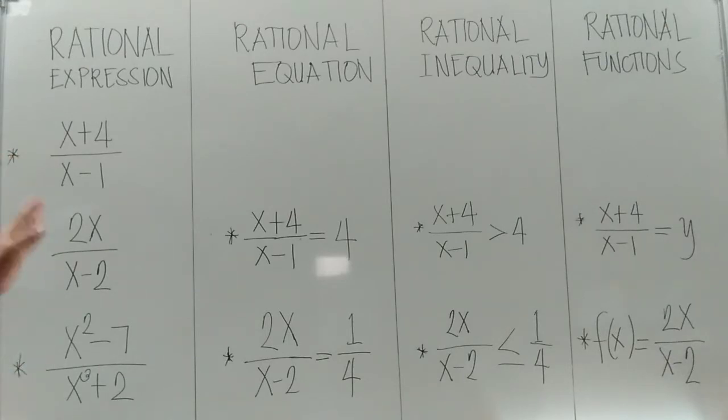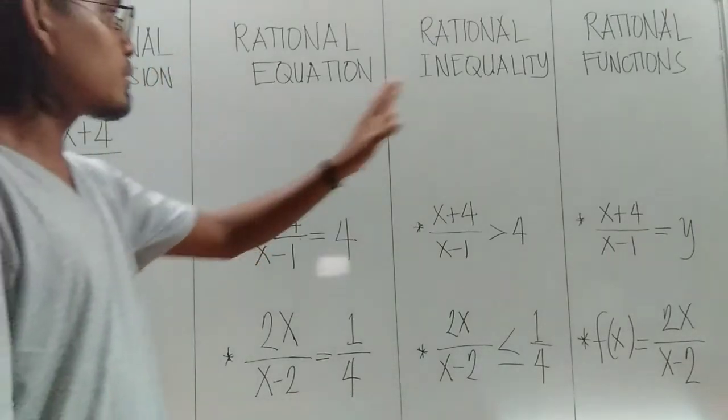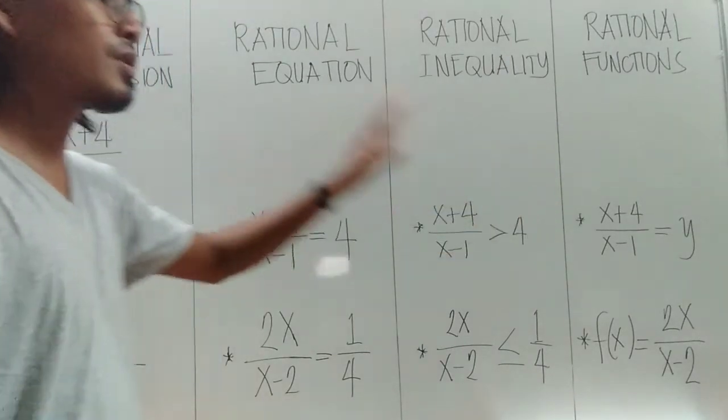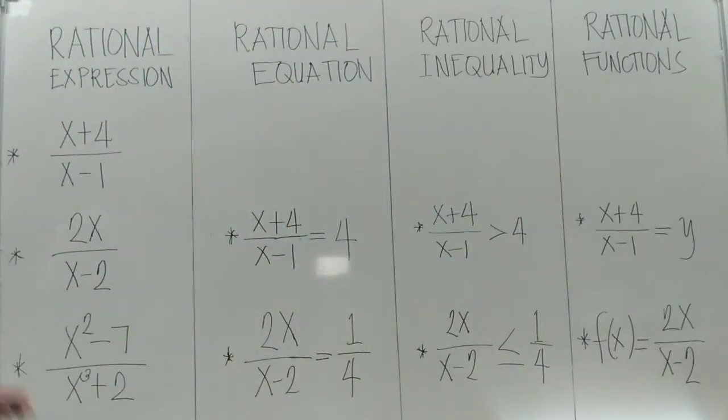Later on, I will give you the condition in identifying whether the given is a rational expression, rational equation, rational inequality, rational function, and which are not. So first we have x plus 4 over x minus 1 as an example of rational expressions. Second example, 2x over x minus 2. Then we have x squared minus 7 over x cubed plus 2.